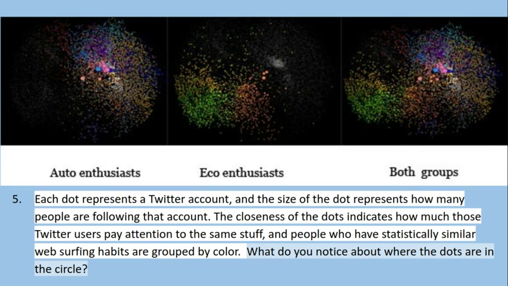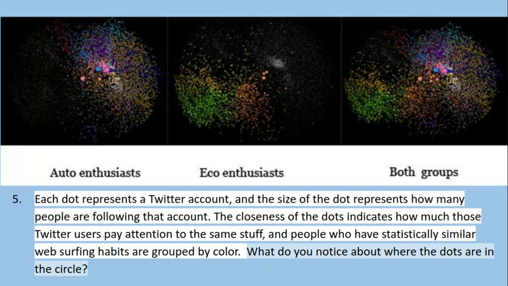All right, so we have an interesting kind of graph here. Each dot in this circle of different dots represents a Twitter account, and the size of the dot represents how many people are following that account. So the bigger the dot, the more people are following them.